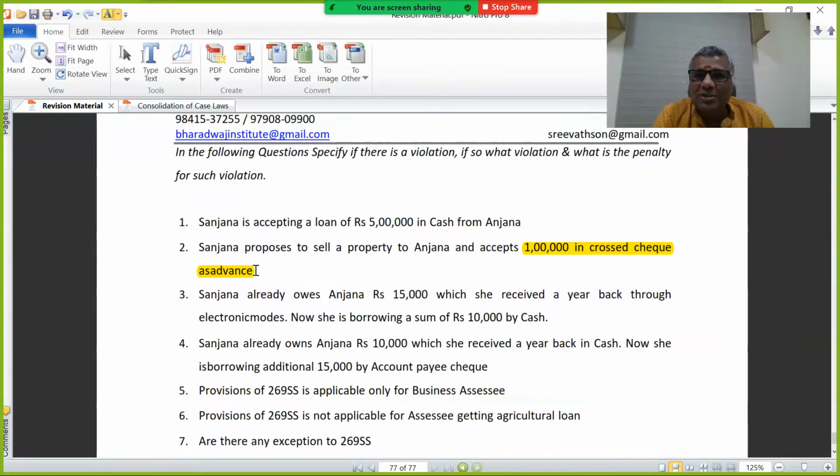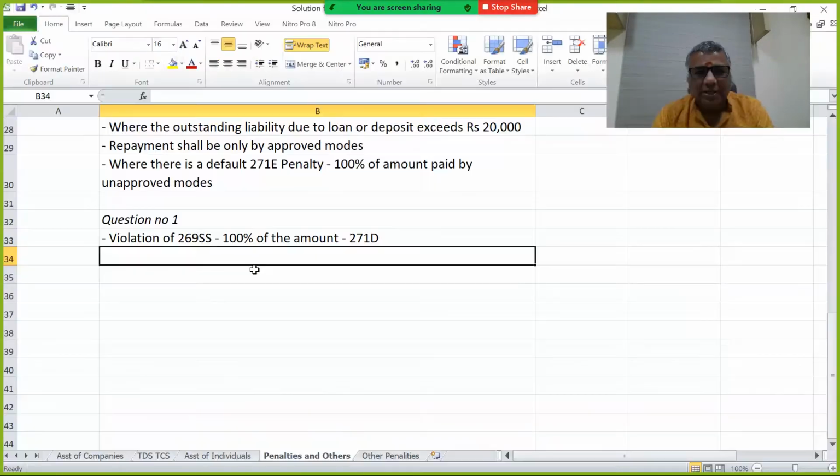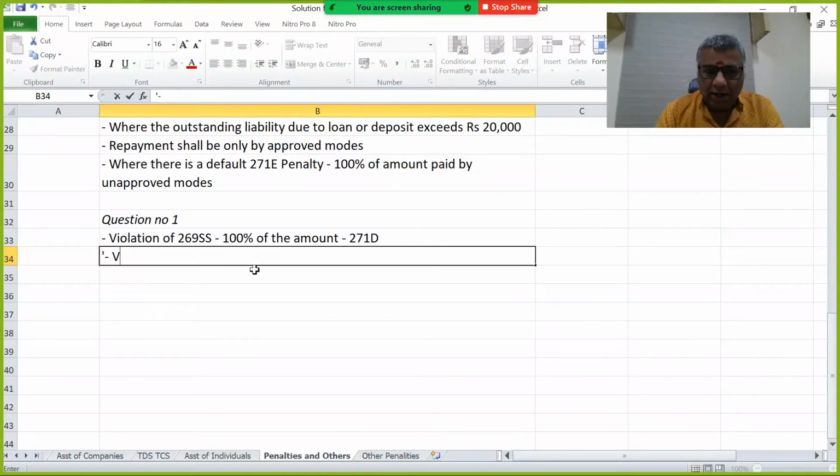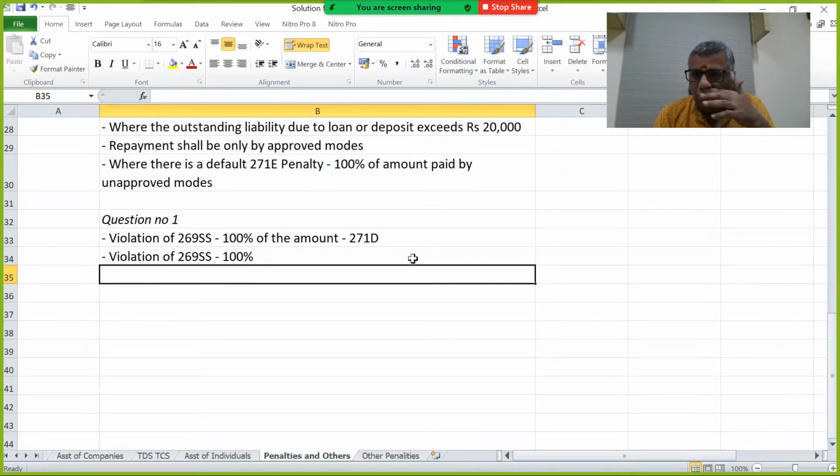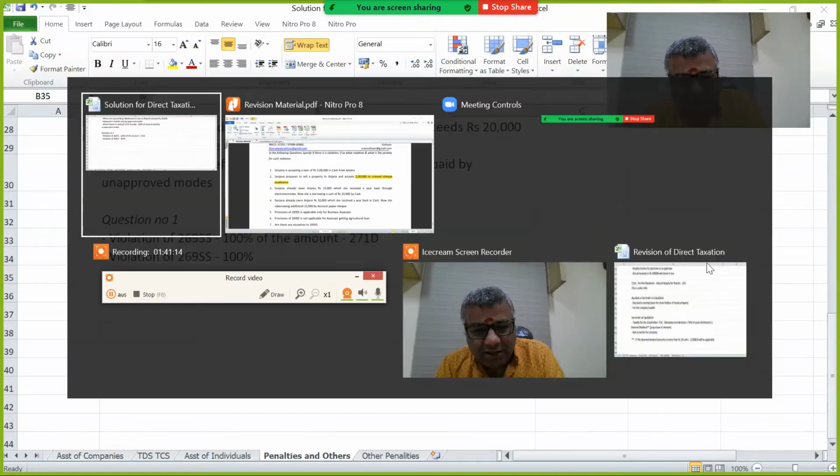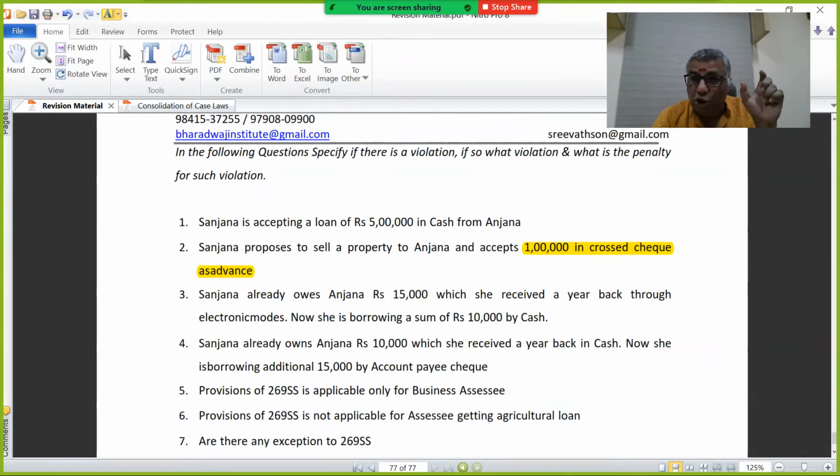So advance is like a loan only. If the transaction does not go through, they have to repay. So it is a violation of 269SS, 100% penalty. Even advance and any other sum is covered, and any other sum has a meaning always, ejusdem generis.